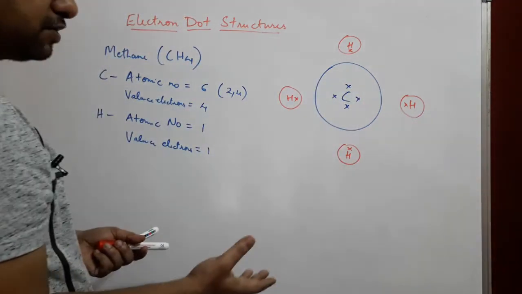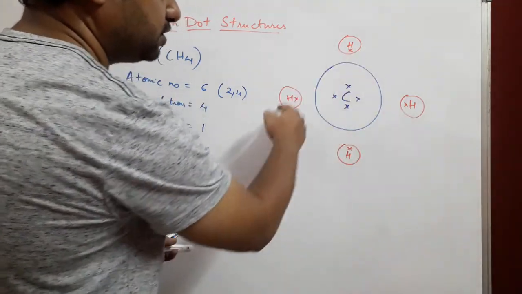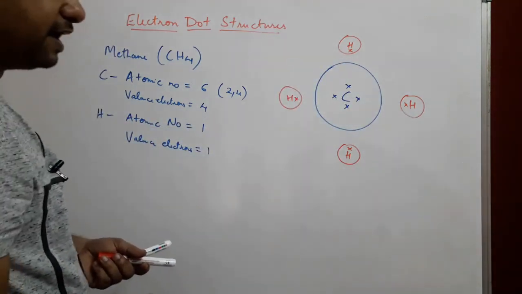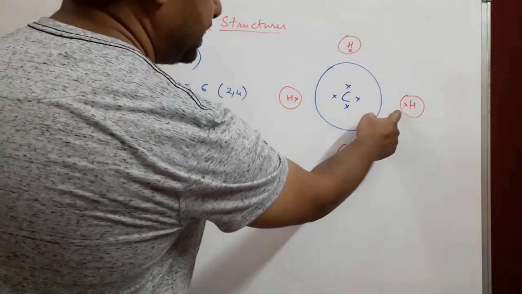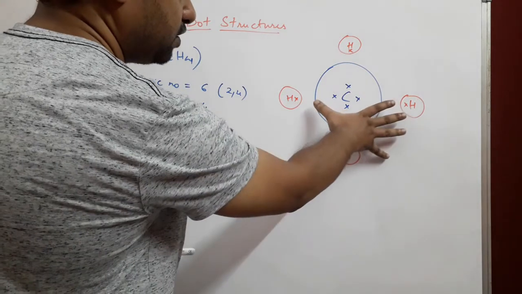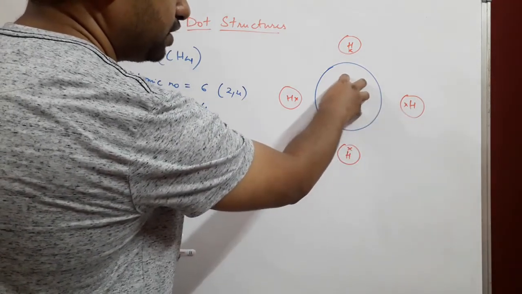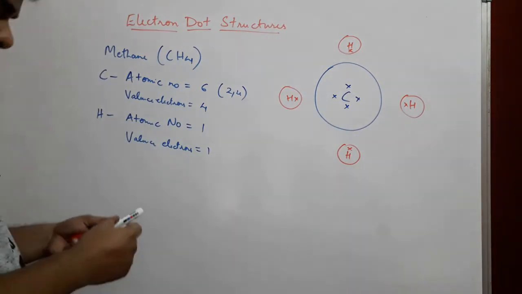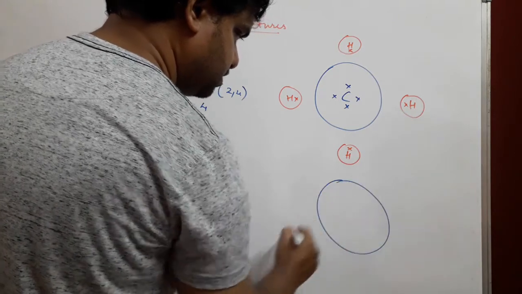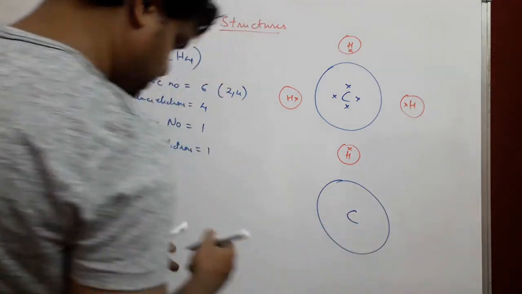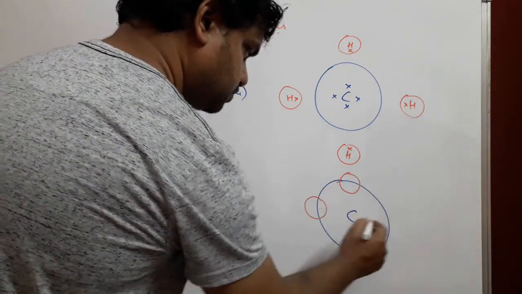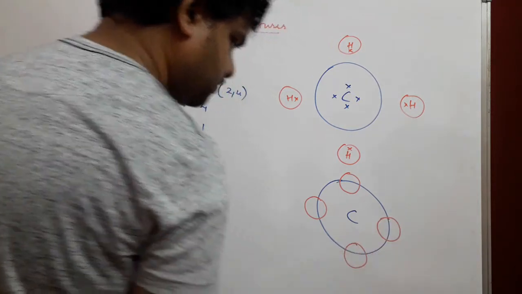Carbon needs 4 electrons, and these 4 hydrogen atoms also need electrons for their respective atoms. So the sharing happens between the 4 hydrogen atoms and the 4 electrons of carbon. And how does that happen? It happens something like this. If we put it down over here and mark this as your carbon, then you have hydrogen atoms like this: 1, 2, 3 and 4.